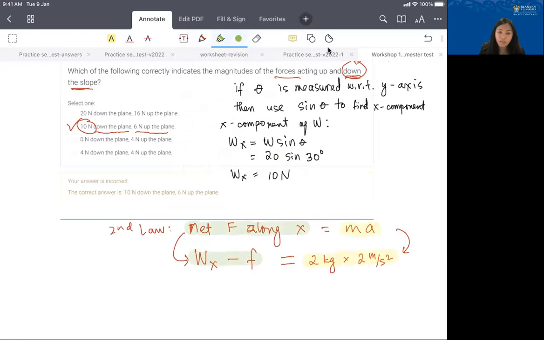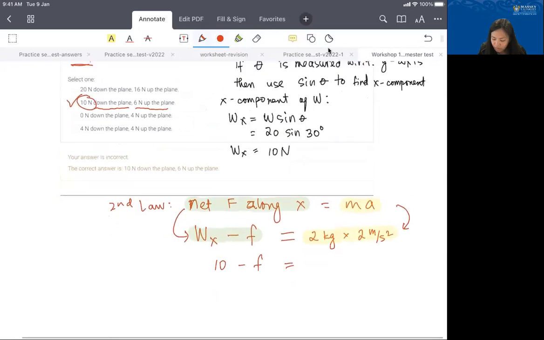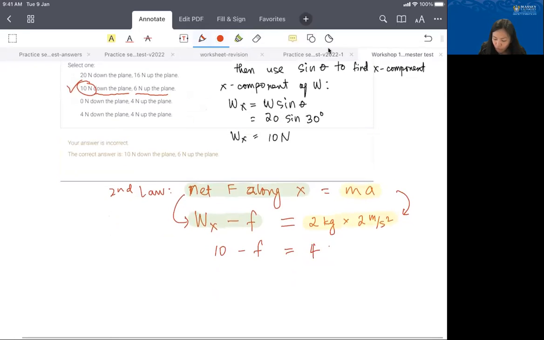Now it's only the frictional force that we don't know, because we actually know the x component. That's 10 newtons minus F is equal to 4 newtons. Newtons is kilograms times meters per second squared, so that's the same as newtons.